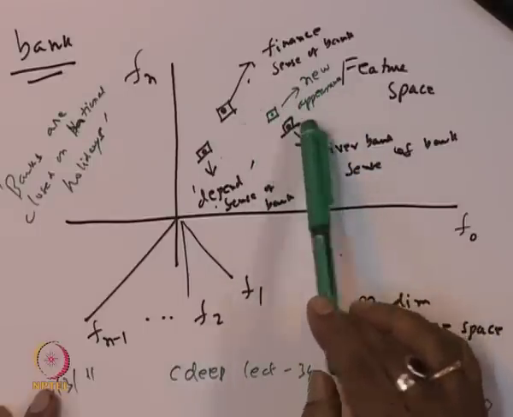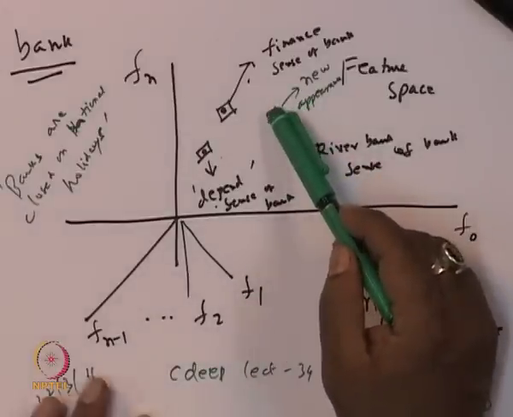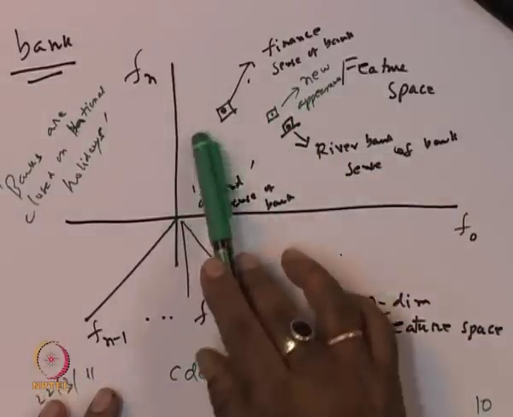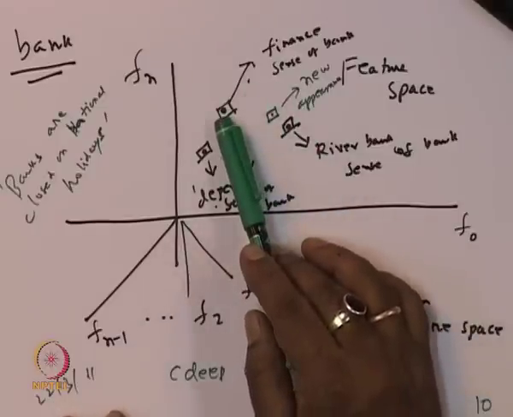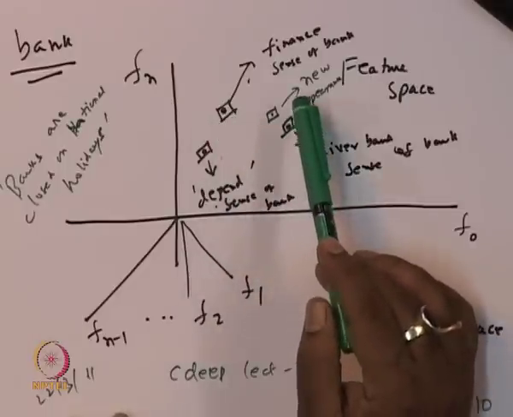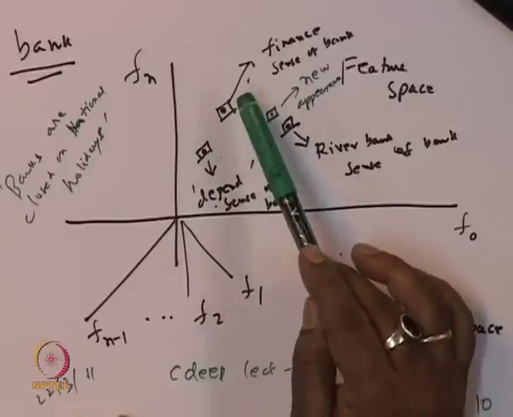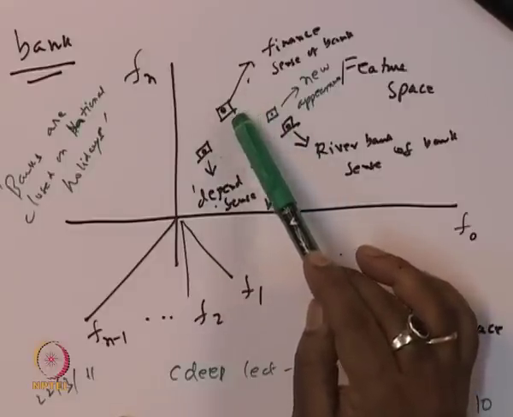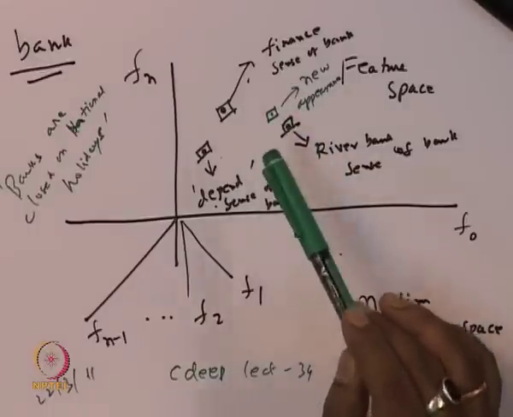This is the new appearance, and we find that this is placed at some distance with respect to different points in the feature space. Now, the point it is closest to is taken to give the sense of the new appearance of the word bank.